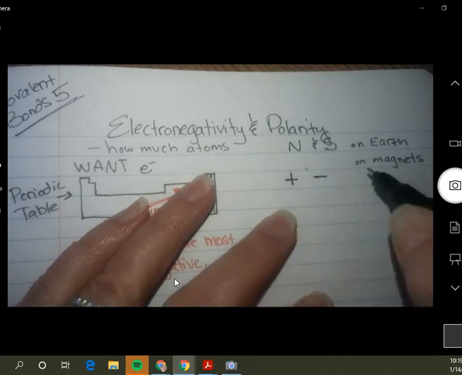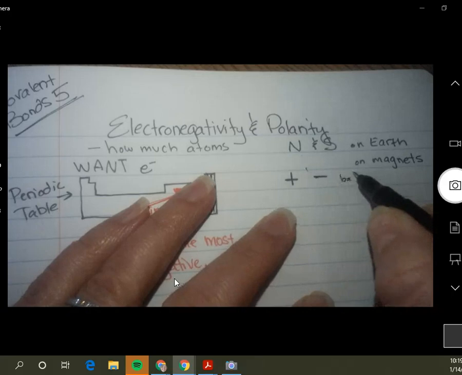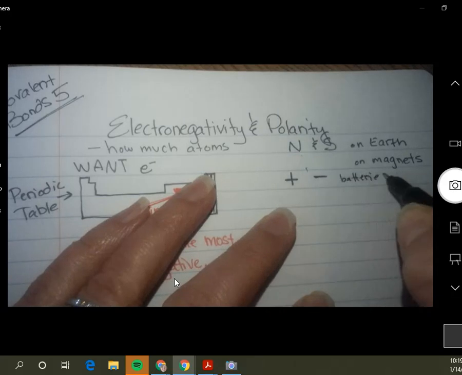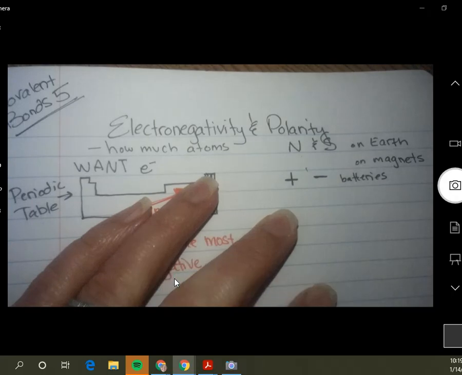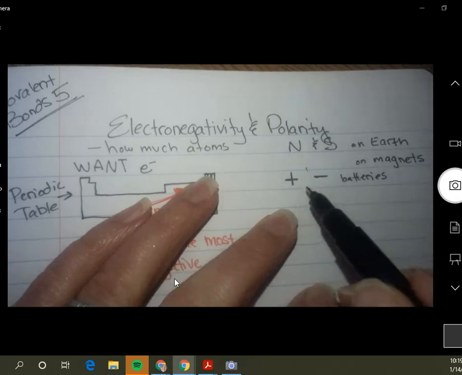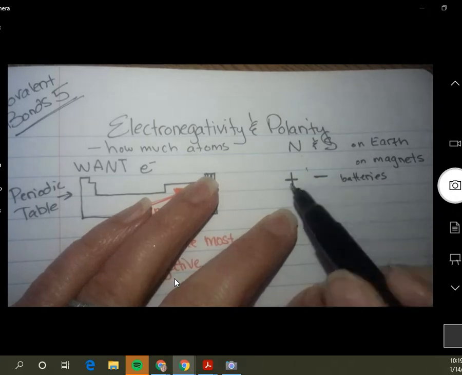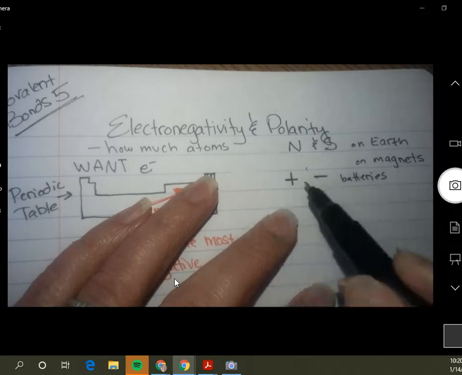So, batteries. Why do you think they call them a plus and a minus end on batteries? One's positive and one's negative. Those electrons in the electricity go towards the positive end and they run away from the negative end. So it has something to do with electrons.